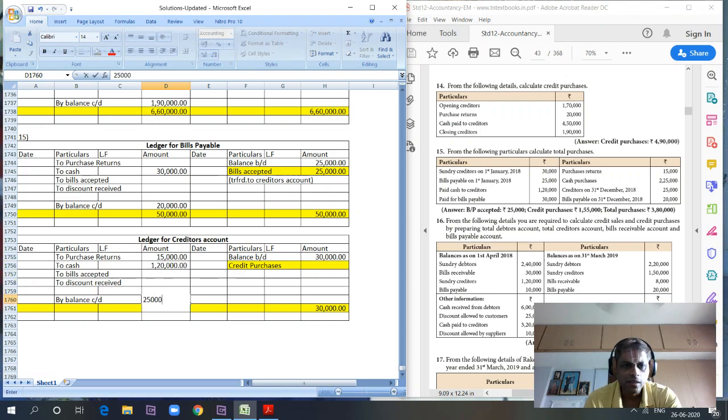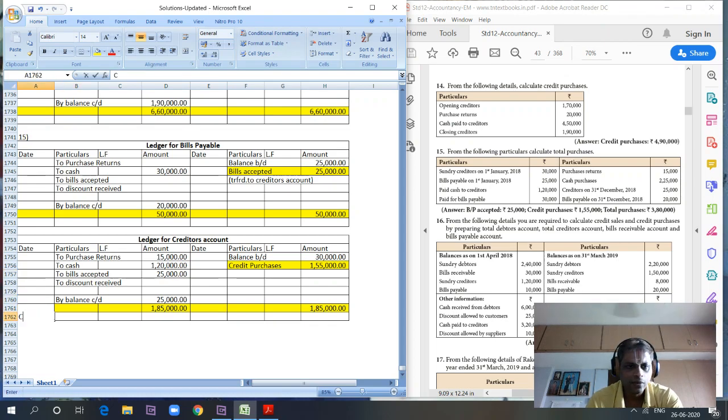We also have creditors transferred to bills accepted, which is 25,000. Then the balancing figure is credit purchases, 1,85,000 minus 30,000. So total credit purchase is equal to 1,55,000.